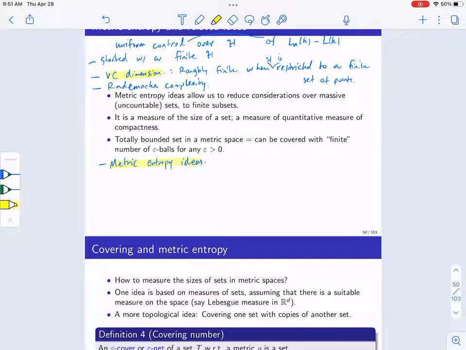What is metric entropy? It's a way of measuring how big a set is. You can think of it as a quantitative measure of compactness. So what is compactness? Anyone remembers from analysis? The set is compact in the Euclidean.